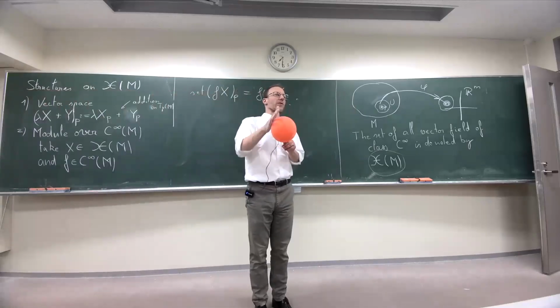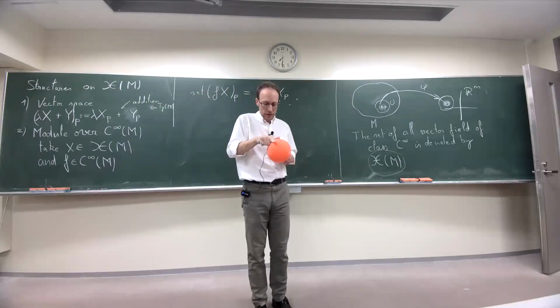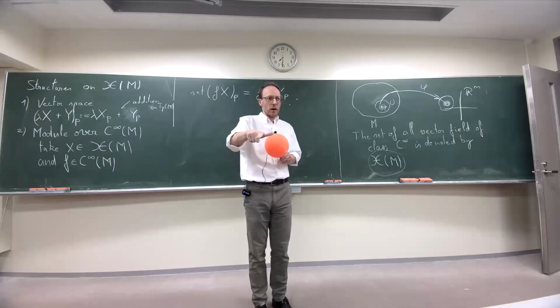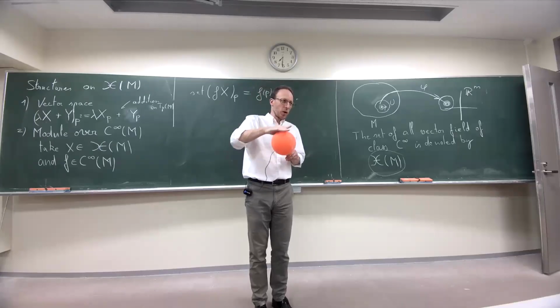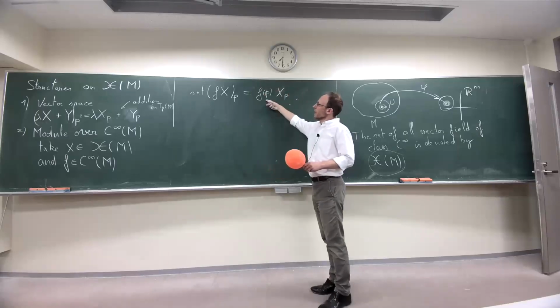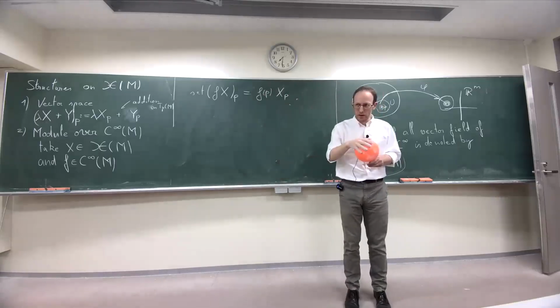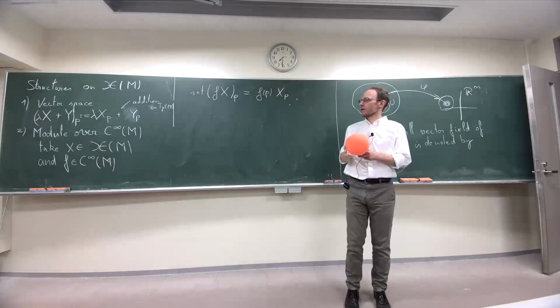Now each of these vectors, you can multiply by a scalar, right? You just take the vector and multiply it by 3. But the next point, you can multiply it by something slightly different. So you take this vector and multiply it by a number, and you do this smoothly on the manifold.